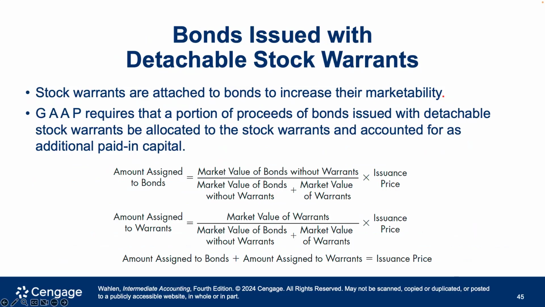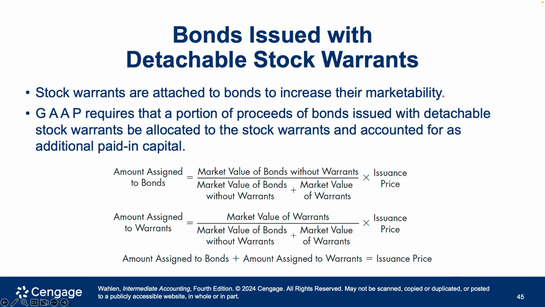Okay. So stock warrants are agreements that give bondholders the option to purchase a specified number of shares at a predetermined price within a certain time period. Think of them as kind of like a bonus feature. The bondholder keeps the bond, but also gets the right to buy stock.